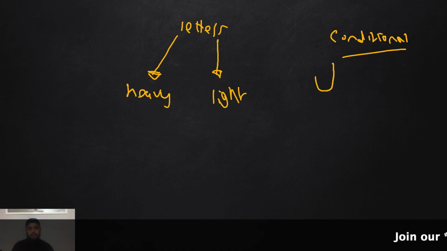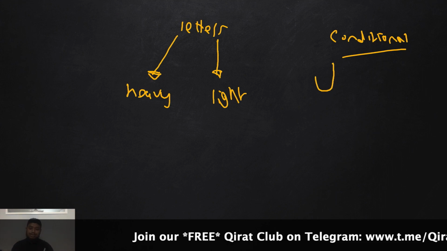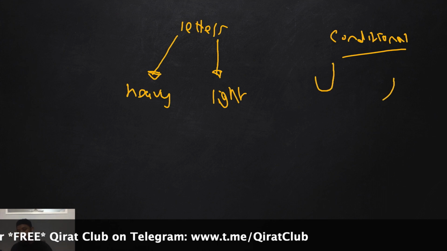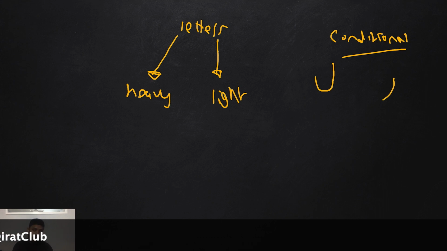As we've covered, if the lam in the name of Allah Azza wa Jal has a kasra before it, then it is empty mouth, it is light, otherwise it is full. The second one is ra. Ra can be full mouth or light mouth. It depends on a number of conditions. These are a little more detailed, so we will dedicate a separate video for that, inshallah.